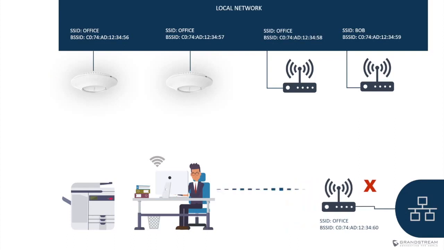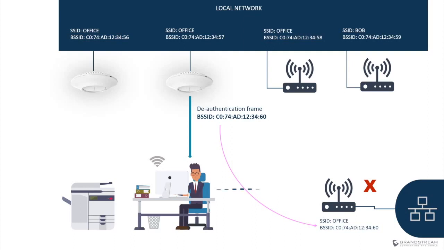So with the countermeasure option enabled, when a GWN access point detects a wireless client that is trying to associate with the rogue AP, the GWN access point will send the deauthentication frame to the wireless client to force it to disconnect from that rogue AP. To make the deauthentication frame look like it came from the rogue AP, the GWN access point will spoof the MAC address of the rogue AP.